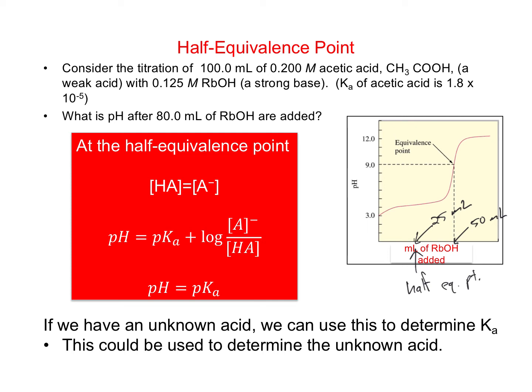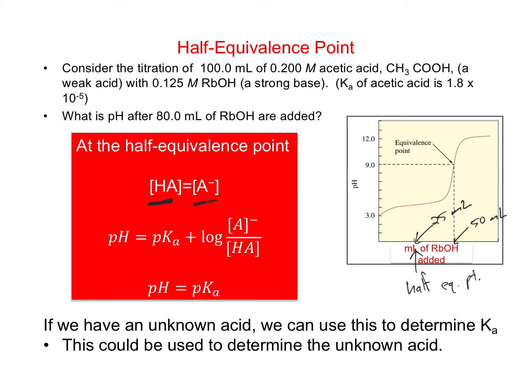And so, at the equivalence point, the amount of acid that we started with is equal to the OH minus, but at the half-equivalence point, the concentration of our starting acid is equal to the concentration of its conjugate base. And so we have a buffer at this point, like we do at any point before the equivalence point.